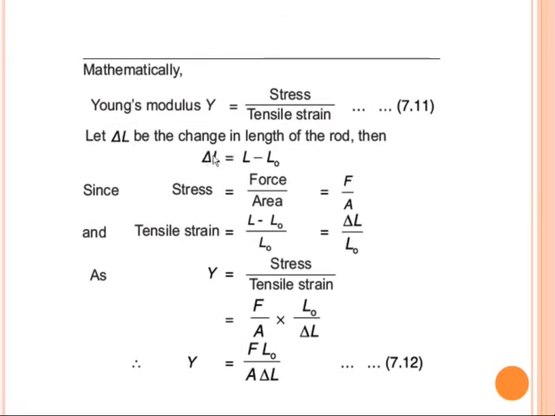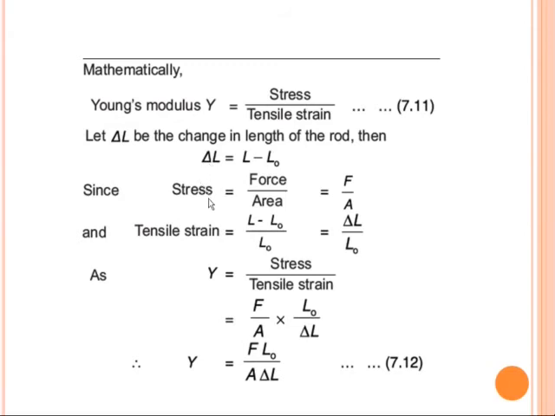Delta L is the change in length, which is equal to L minus L0, where L is the increased length and L0 is the original length. So when we subtract the original length from the increased length, we get delta L, that is the change in length of the rod.